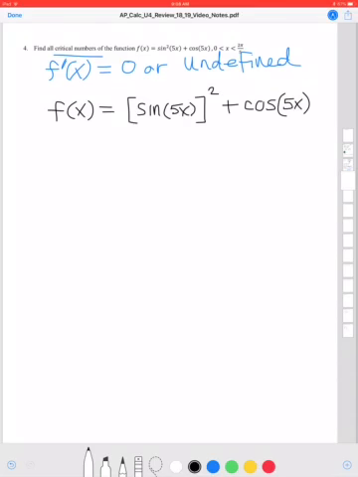So we're going to have to do a double chain rule. Okay. So let's bring this to the front.